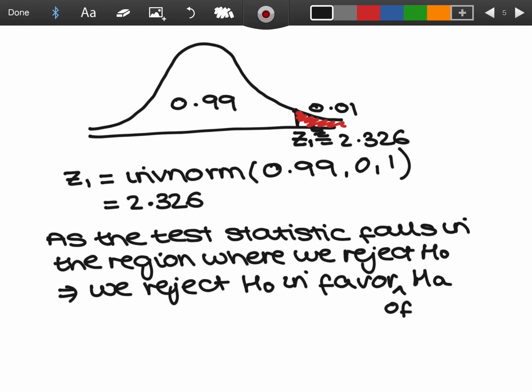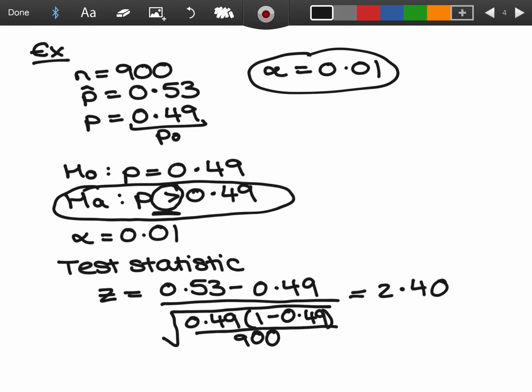Then the next line should be your alternative hypothesis. So you've got the proportion is actually greater than the initial value that you thought it was. And then you can calculate. That gives me a z value of 2.40. That was what my test statistic was.